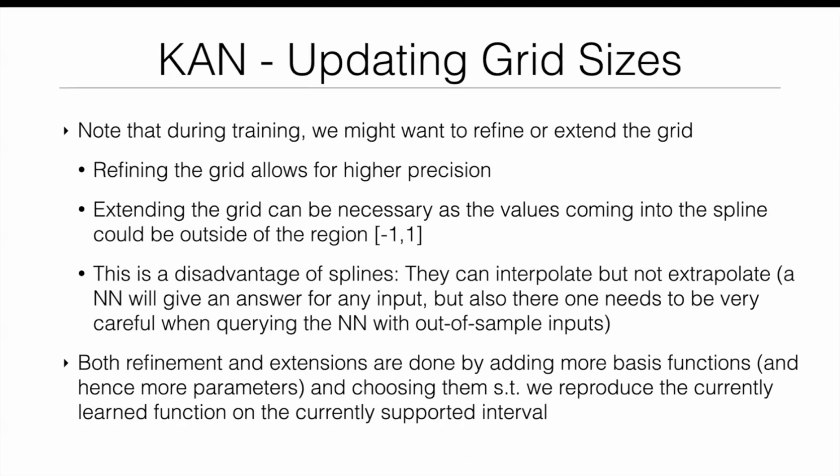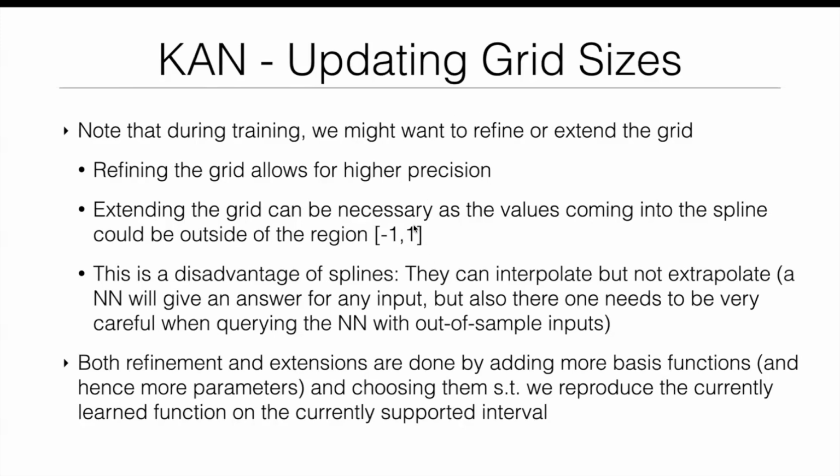Something that's not in the distribution with which it was trained, but at least it would give you something. For the splines, if I have just the basis functions between, let's say, -1 and 1, and all of a sudden, after training, it gets a 2 as an input, I need to somehow extend my grid.